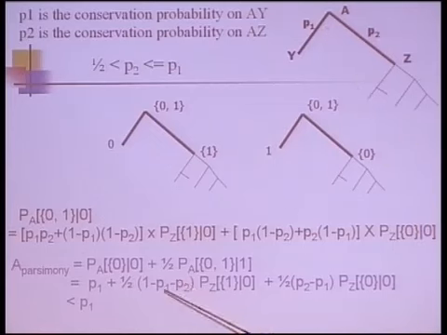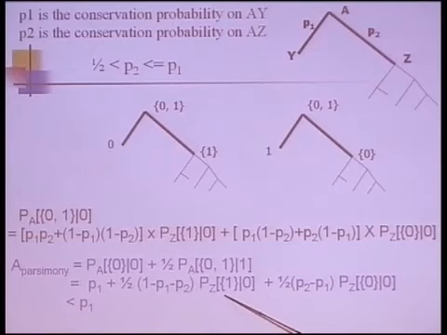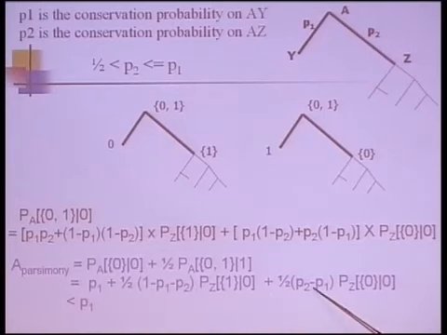So this one is a negative term, and this one is also a negative term. Therefore, the reconstruction accuracy is smaller than P1.